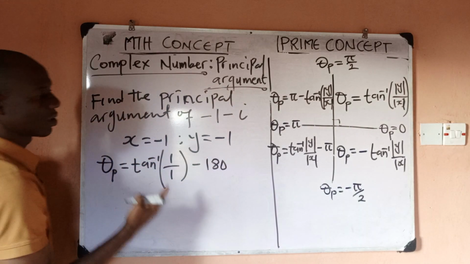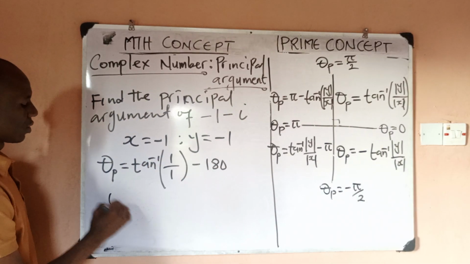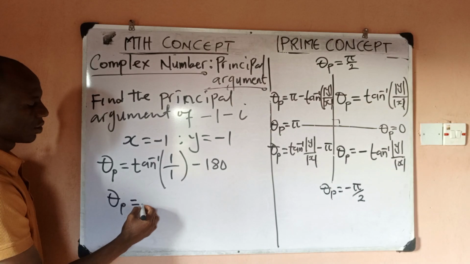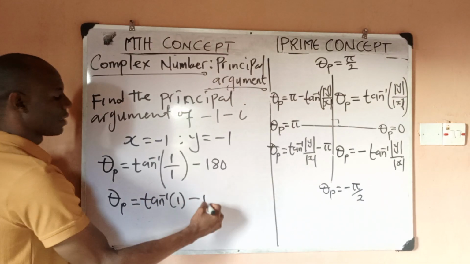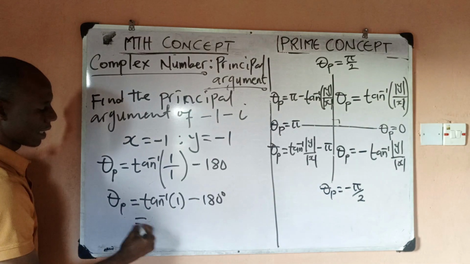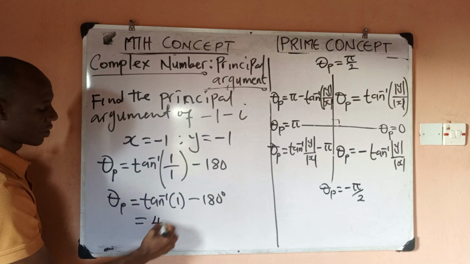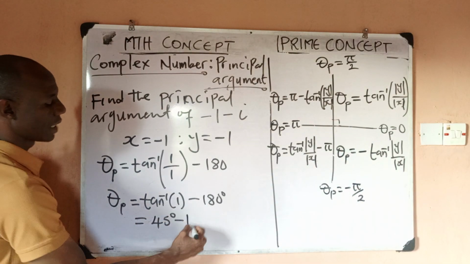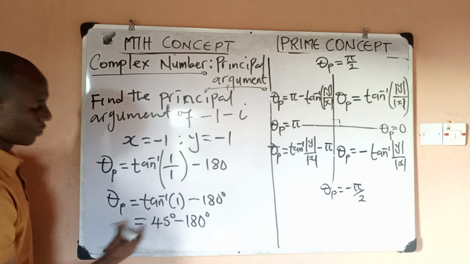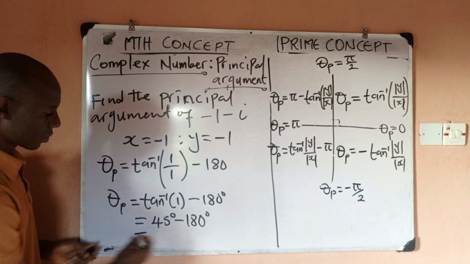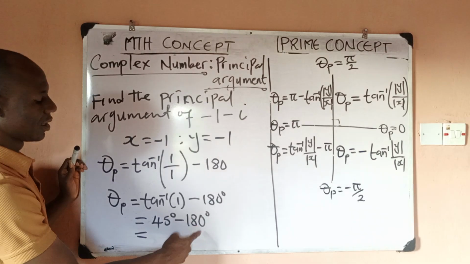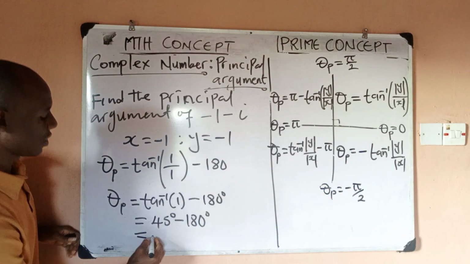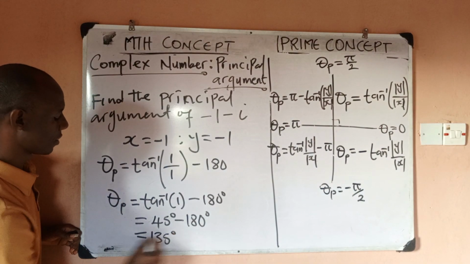Let me use 180 because pi is still 180. So our principal argument is going to be tan inverse of 1 minus 180 degrees. Tan inverse of 1 is 45 degrees, minus 180 degrees. If you subtract this, you get 135, so this is -135 degrees.